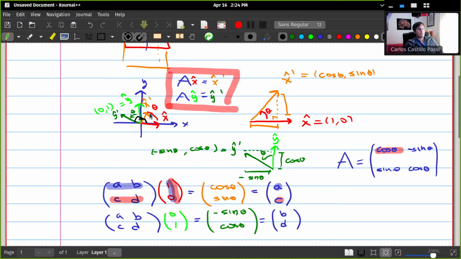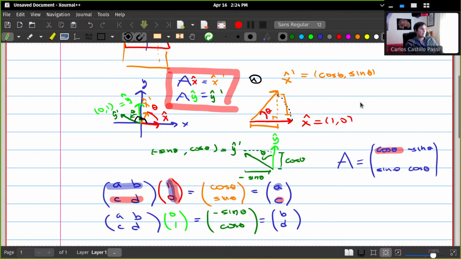Now, if we analyze only the red vector here, let's put a 1 here, you see that after the rotation in theta degrees, the vector will arrive here, and by just basic trigonometry, we can see that the x component is cosine and the y component is sine. Okay? Do you see that, or should I explain it further? Why is this sine and this cosine?